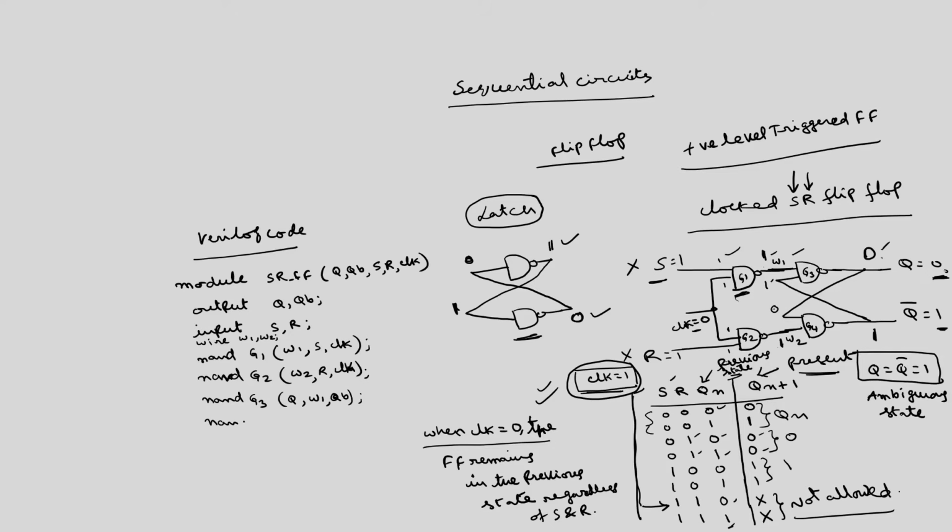And the fourth NAND gate, the output is QB, and the inputs are W2 and Q.